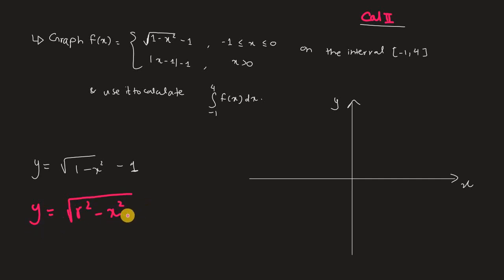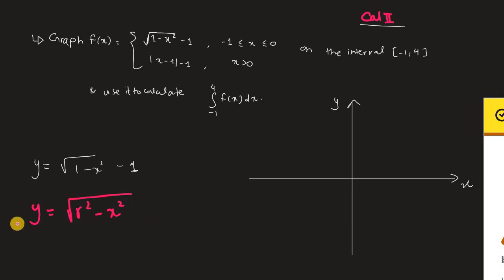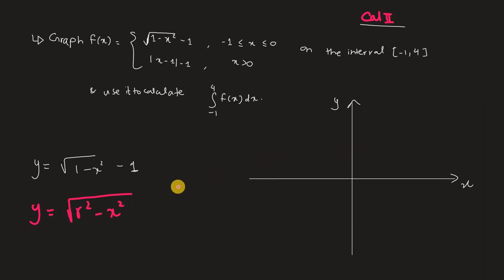Here there's nothing added to x, so the center is at 0, 0. But since we have this -1 over here, that means the graph is gonna shift downwards by 1.